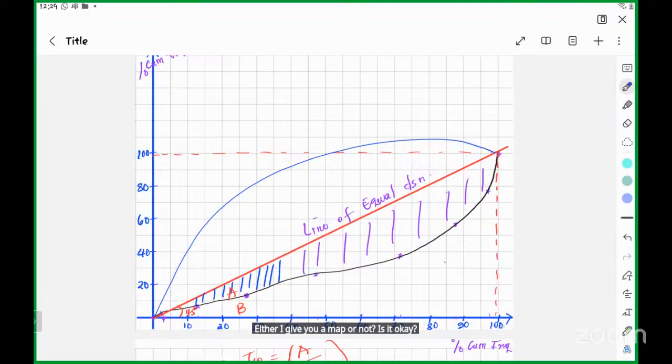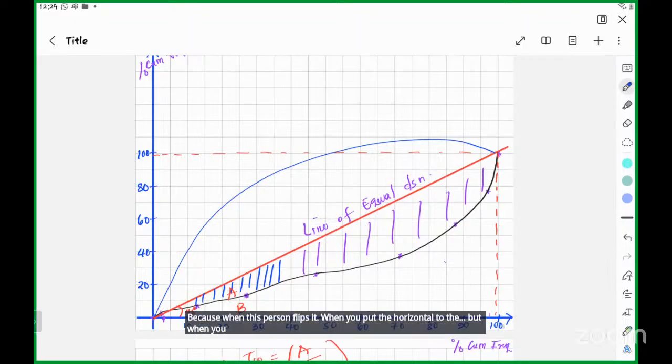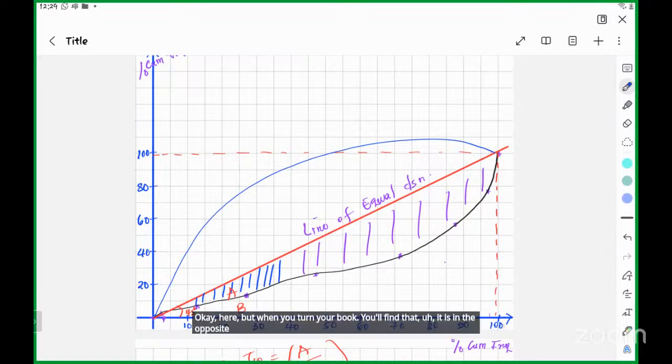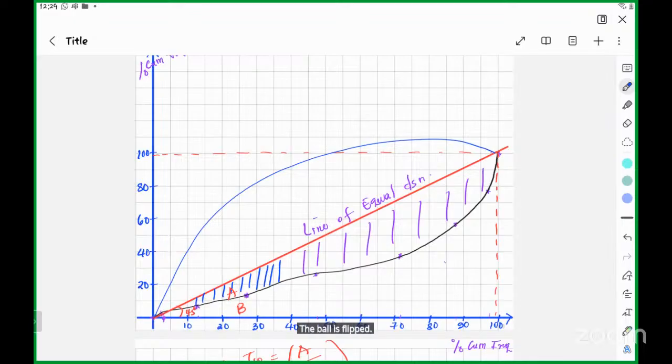Because when you put the horizontal to the vertical and turn your page, even this one can look like that one. Here I've turned it, but when you turn your book, you'll find it is the opposite. The shape is flipped, but still the way the axes are labeled still stands. So that is to the examiner's discretion, frankly.